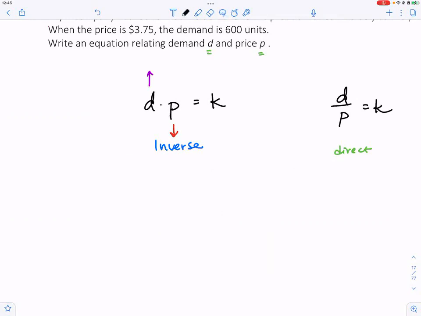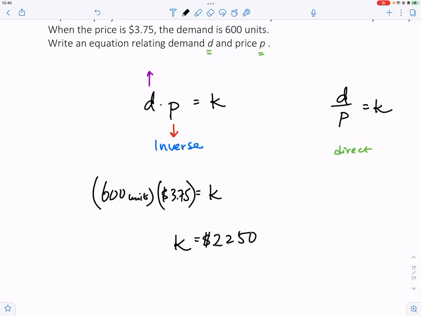But we have to find out the K value. So K is equal to the demand, which is 600 units, times the price, which is 3.75. So K is equal to 3.75 times 600, and that is $22.50 times unit.